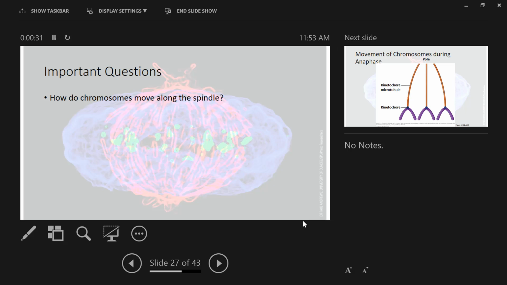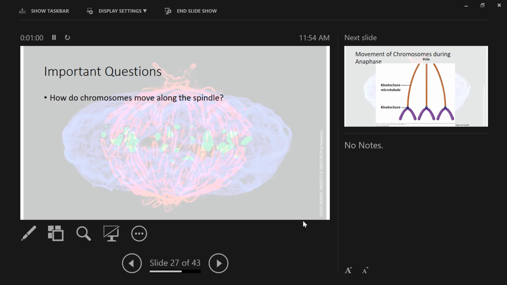Now, just for added information, motor proteins that do not attach to microtubules on both sides are called kinesin. So kinesin is a motor protein that attaches to a microtubule on one side and something else on the other, either a vesicle or maybe a chromosome. All right, and then dynein are motor proteins that connect to microtubules on both sides.